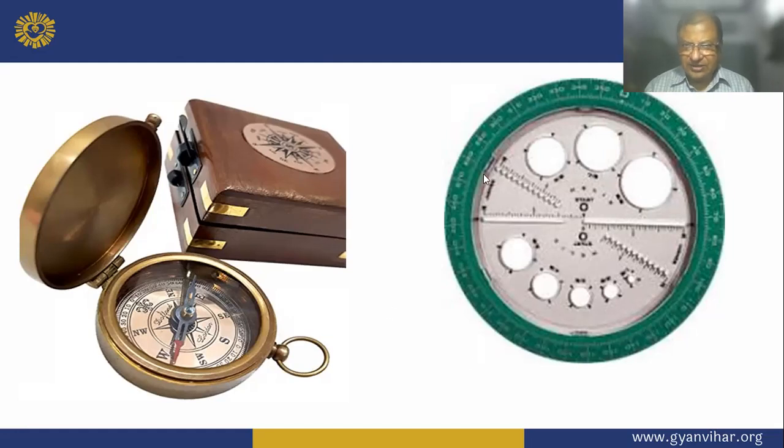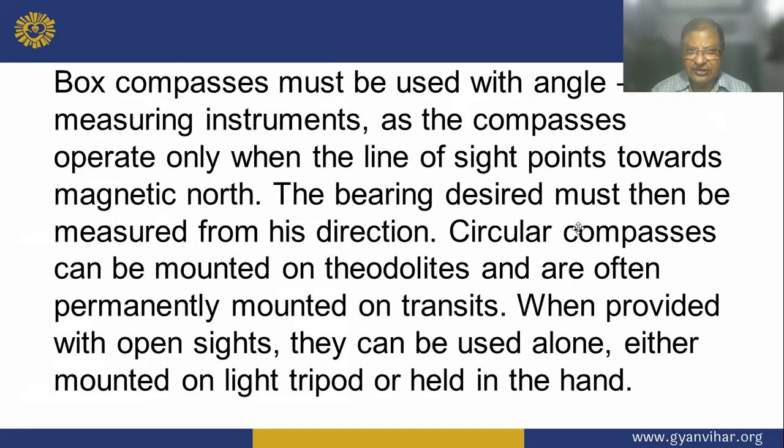This is the box compass. It will mostly be kept in a wooden box. And this is the circular compass. So there are mostly two types of compass systems working.